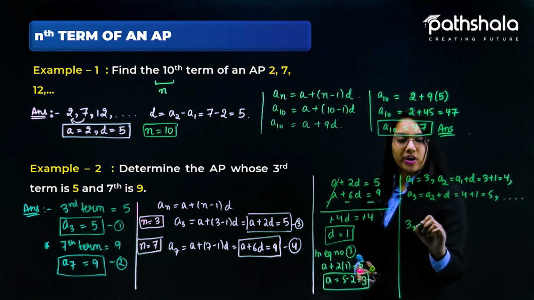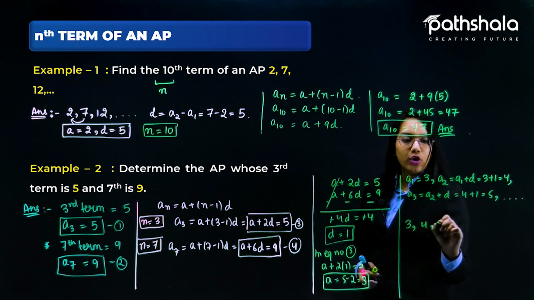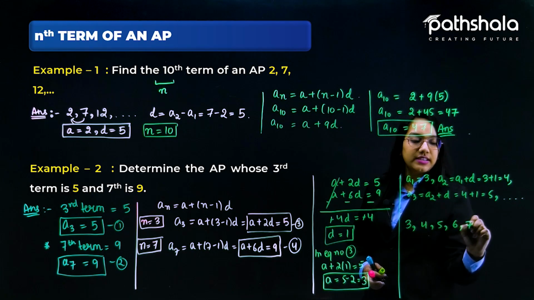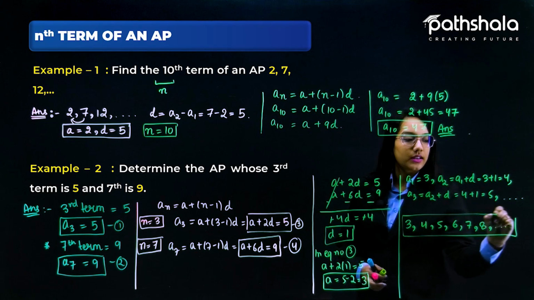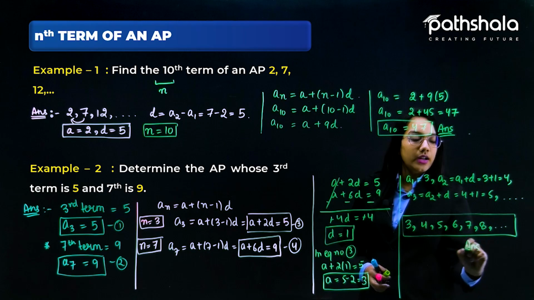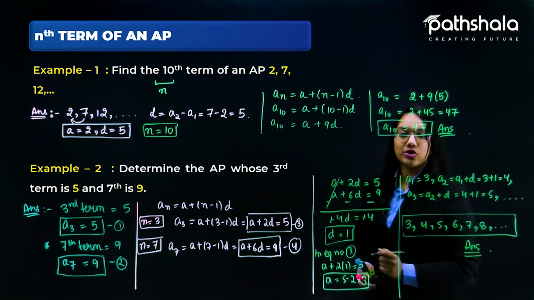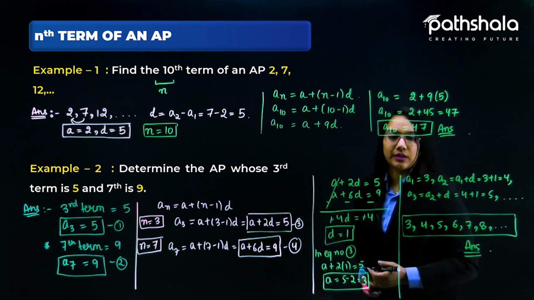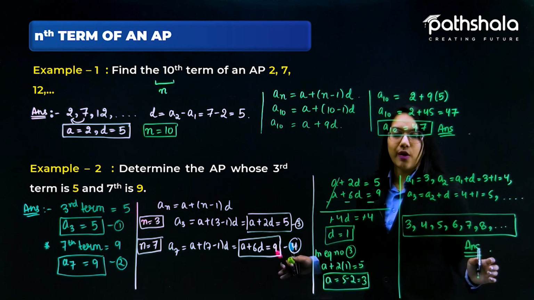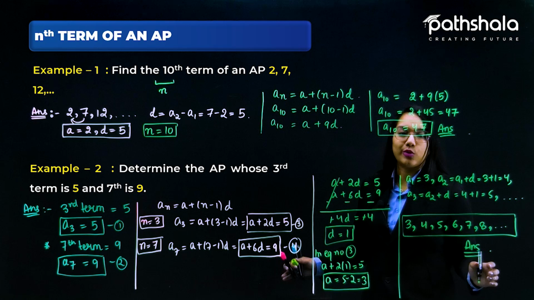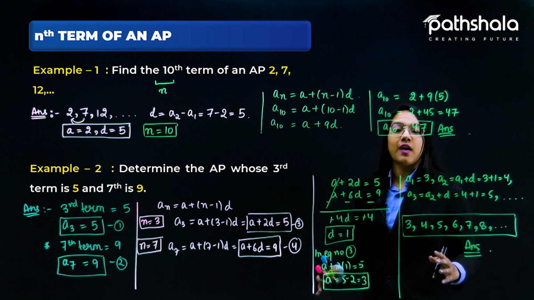The arithmetic progression would be 3, 4, 5, 6, 7, 8, and so on, because the common difference is 1. Hence the arithmetic progression for example number 2 is 3, 4, 5, 6, 7, 8, and so on. This is how you can find the arithmetic progression whenever two terms are given to you.